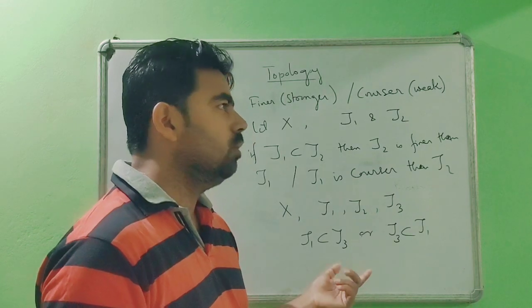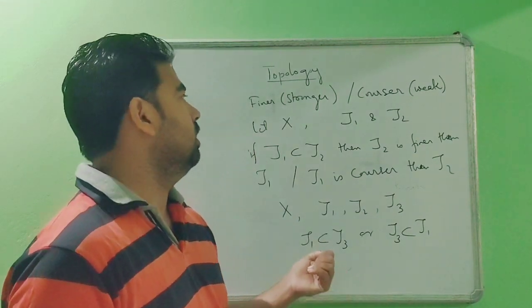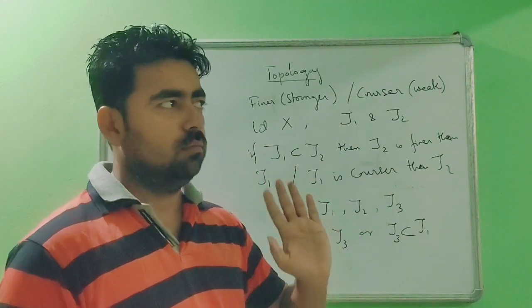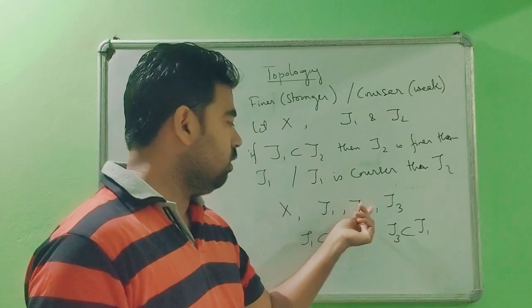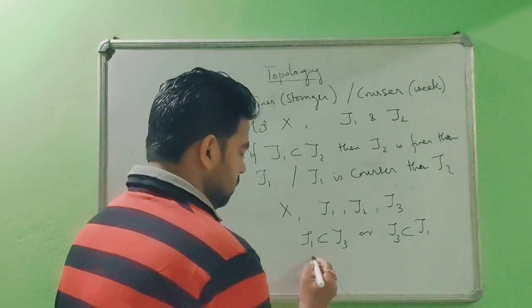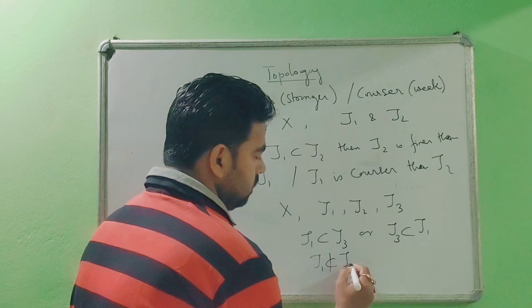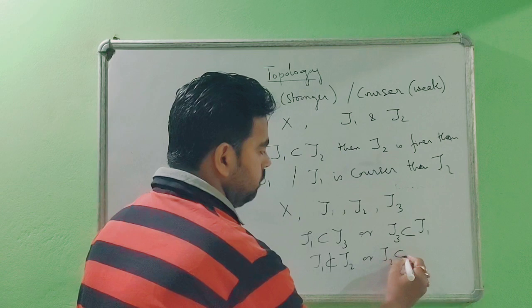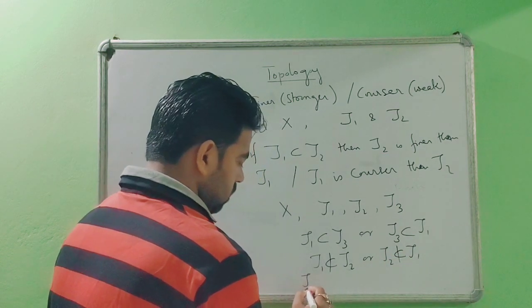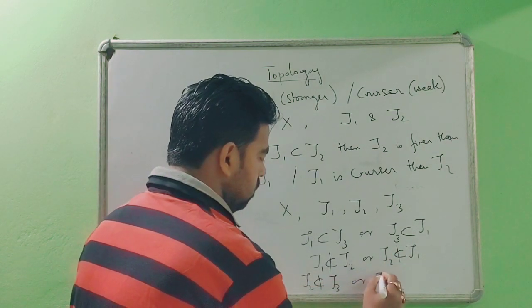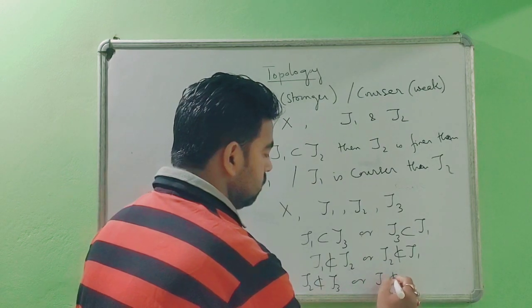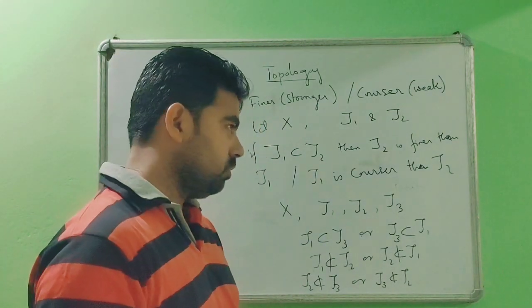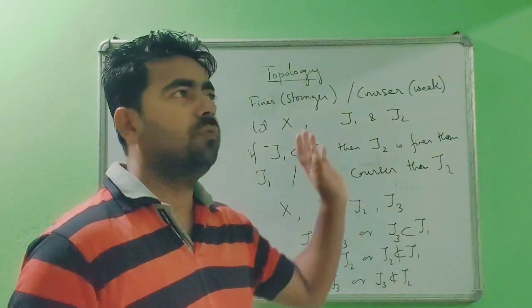But for tau 3, if you cannot show that tau 3 is not a subset of this, or tau 2 is not a subset of tau 3, or tau 3 is not a subset of tau 2, then tau 2 is incomparable. So it means it depicts a different picture.